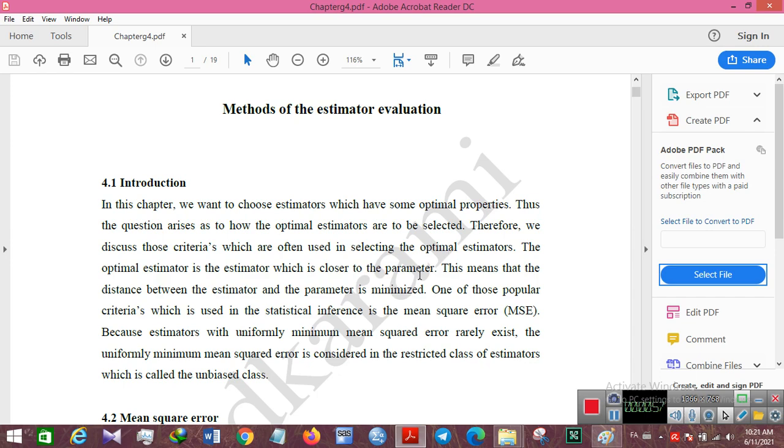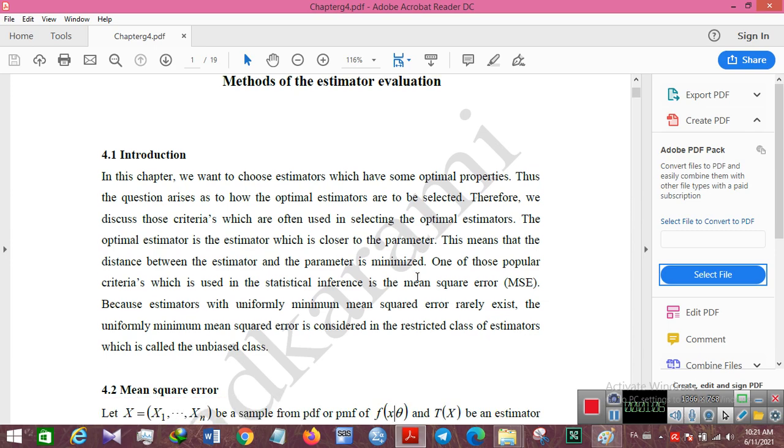One of the popular criteria is the use of mean square error, and the optimal estimator is the estimator which has minimum mean square error.